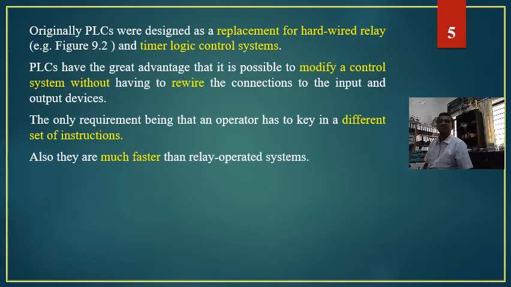PLCs are much faster than relay operated systems. As I already mentioned, a mechanical system or an electromechanical system is quite slow. Its response time is very high when compared to any electronic circuit. Electronic switches are very fast.